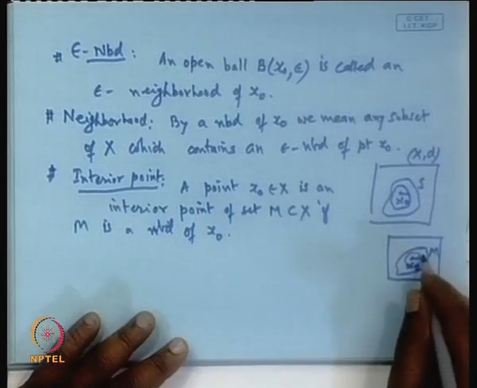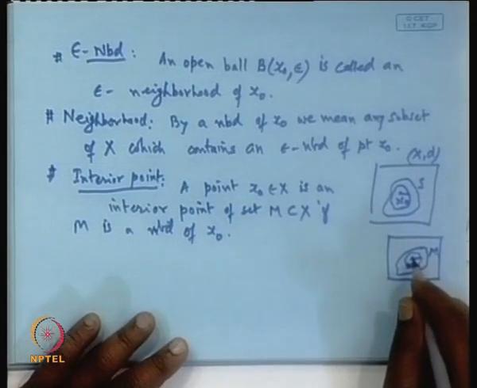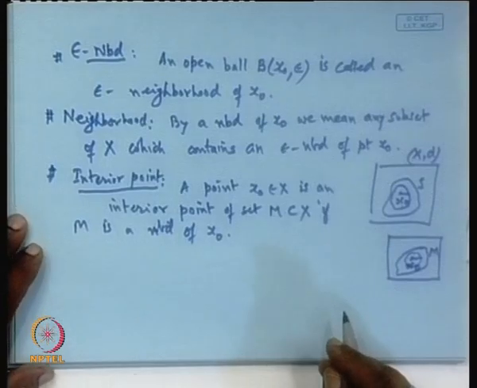The collection of all such points x naught forms a set which we call the interior set.